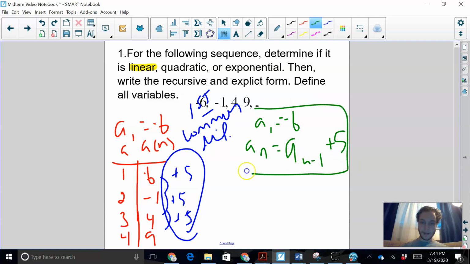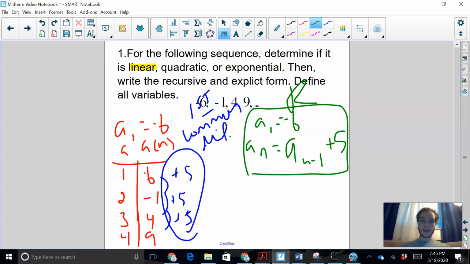This here is my recursive formula. Now, I did say to define the variables, but as you can tell, my handwriting is kind of rough. So my a sub 1 is my first term, and a sub n minus 1 is the previous term.